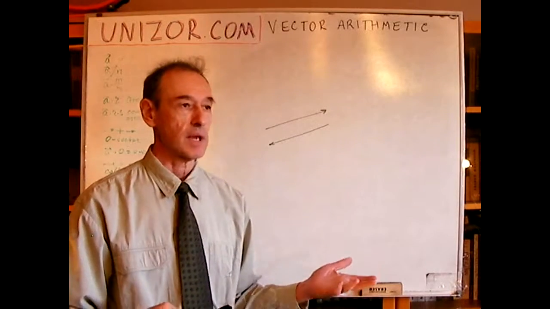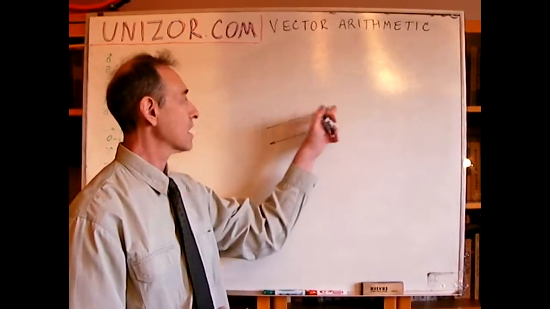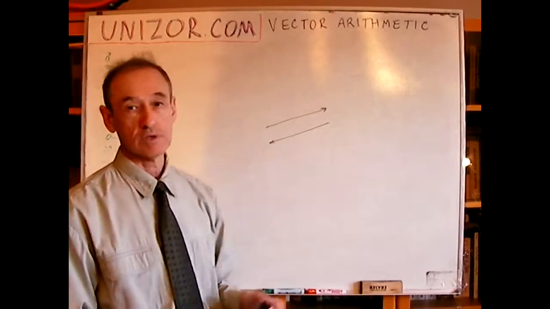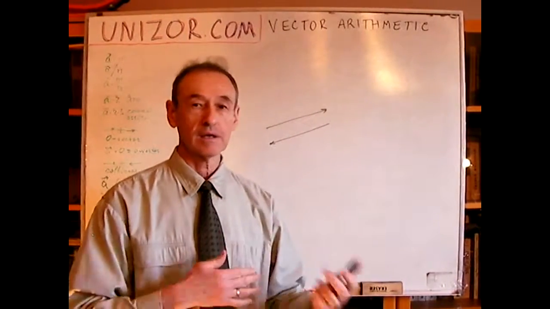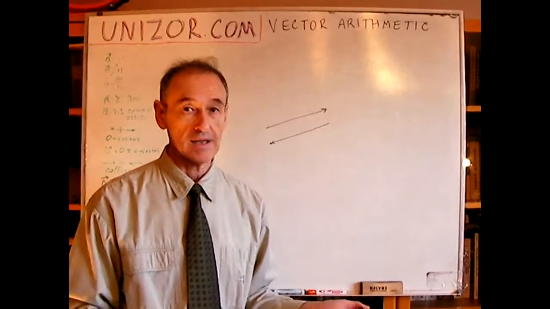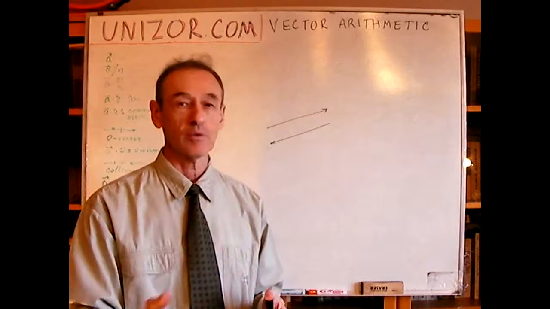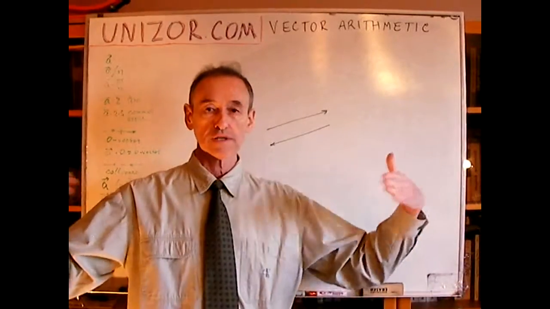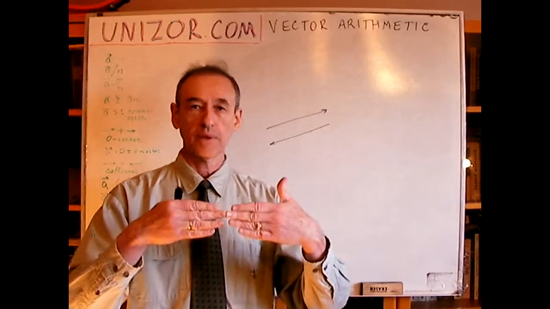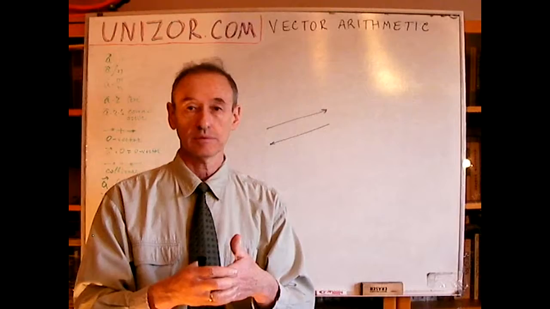Mechanically, for instance, it might signify a displacement, movement. This means I moved from this point to this, and this means I moved from this point to this. Obviously, the result of summation of these two should be that I just did not move at all. I was standing still. Similarly with forces. If you have two forces directed against each other and they're both applied to the same object, they nullify each other and the object stands still, basically, doesn't move anywhere.